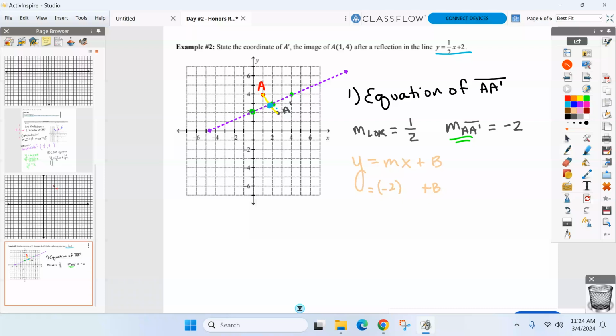It is a point I know for sure is on AA prime. What is a point I am sure is on AA prime? A! I gave it to you. (1, 4). That's on the line. Plug those in for your x and your y. So 4, your y, equals -2 times 1, the x. Go ahead and solve for b.